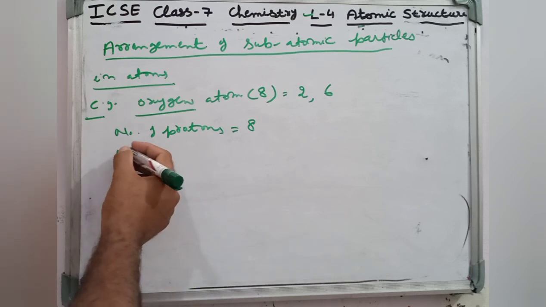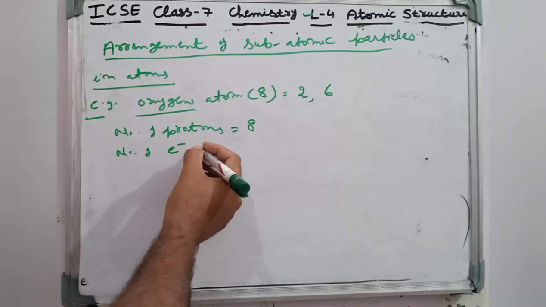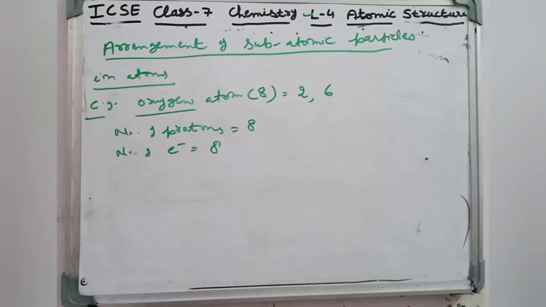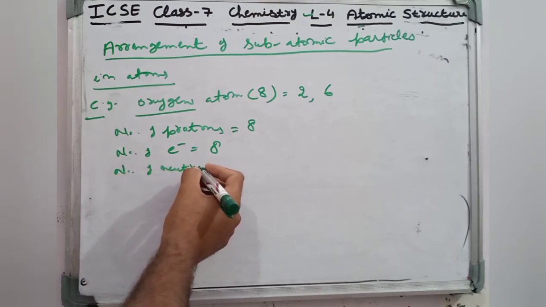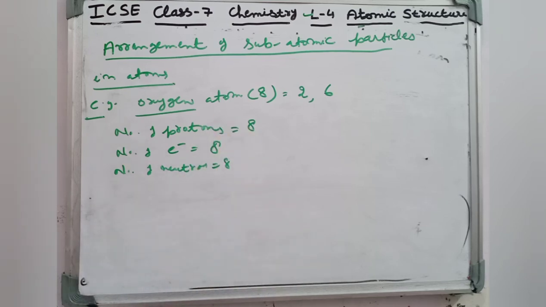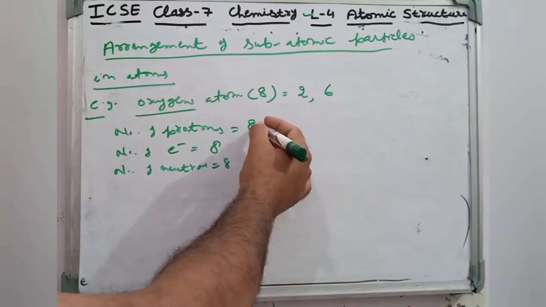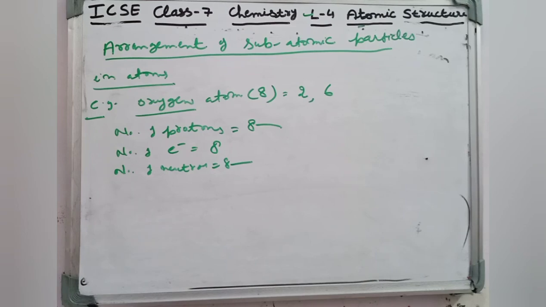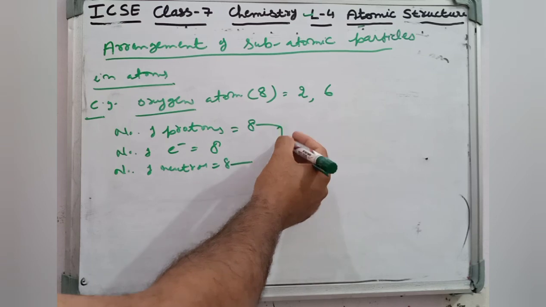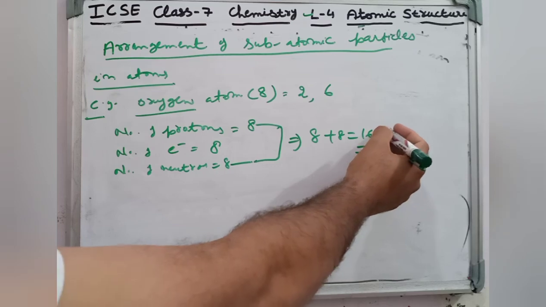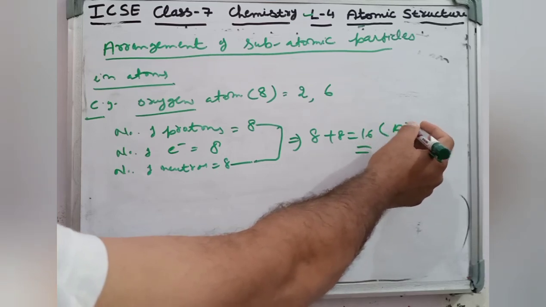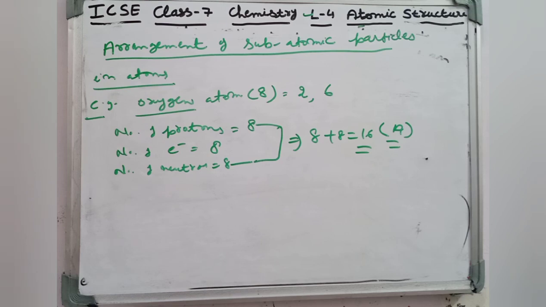Right? The number of electrons is also 8, and the number of neutrons is also 8. So the total number of protons and neutrons is the mass number. So its mass number will be 8 plus 8 equals 16. This is mass number or A, or atomic weight, atomic mass.